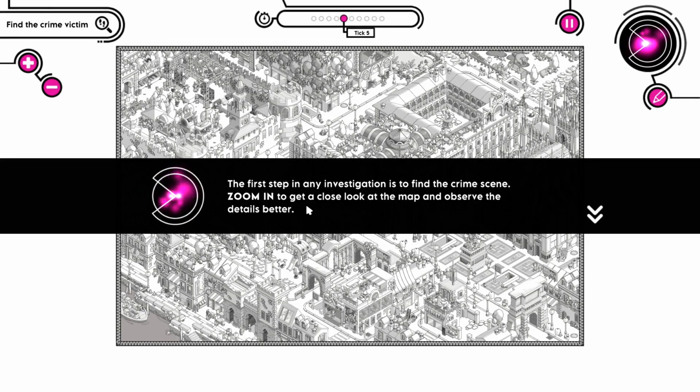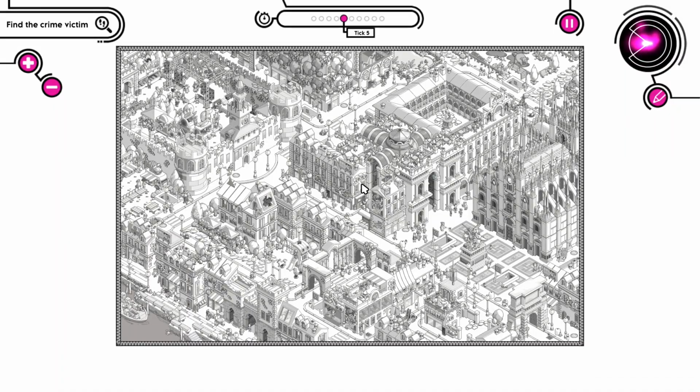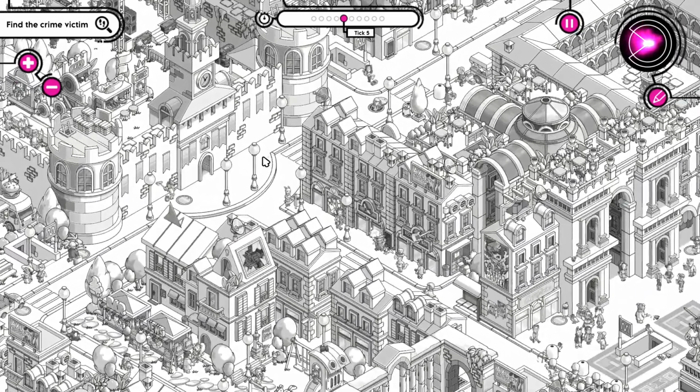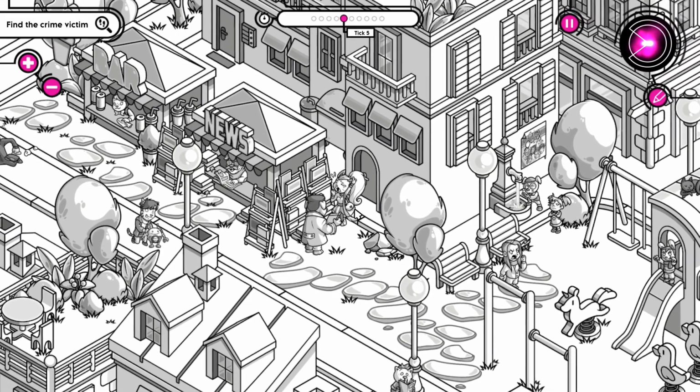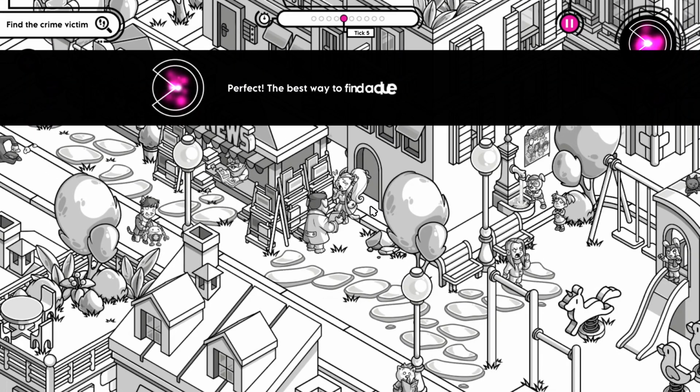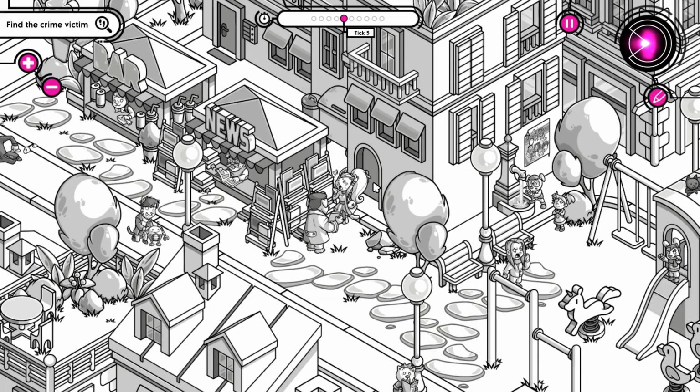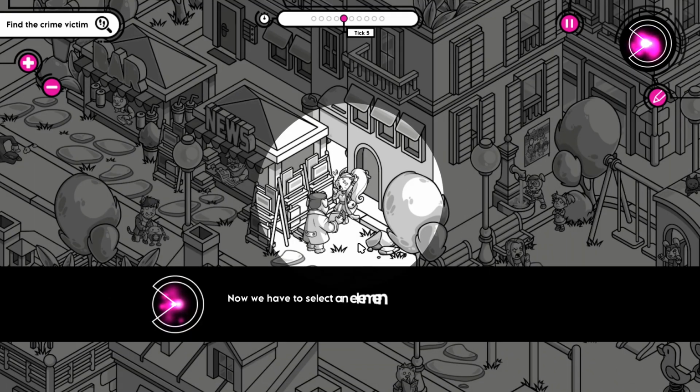Zoom in to get a closer look at the map and observe the details better. Okay. Perfect. The best way to find the clue is to zoom in. Now we now we have to select an element and let the system verify it.